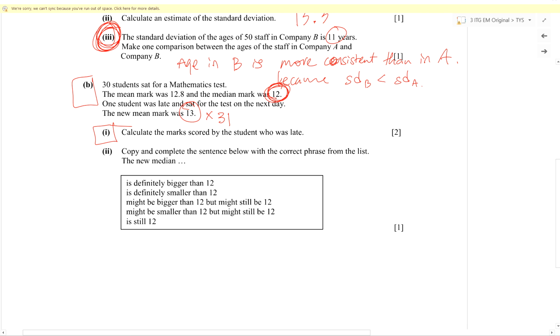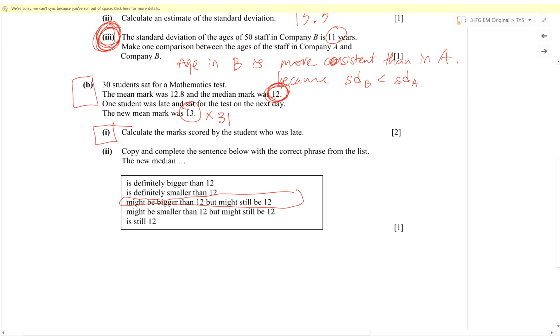Is it possible? Can. Just imagine the middle 20 people all get 12 marks. Possible, right? Then you add in another person, but the median position, although it changed, is still pointing to 12. That is one case that I think many of you missed out. Therefore, the answer will be this.